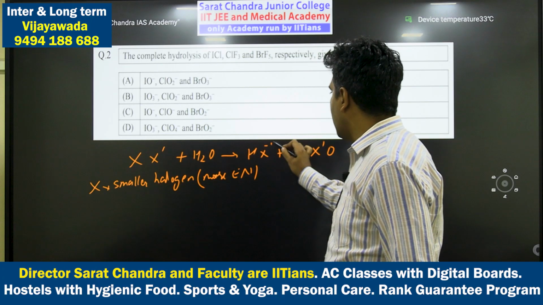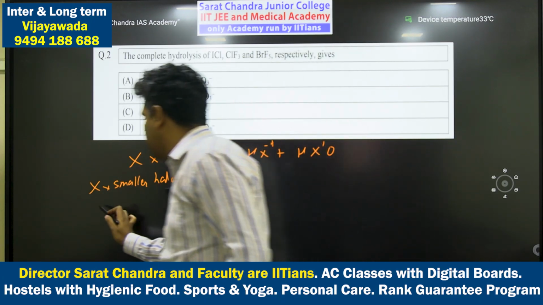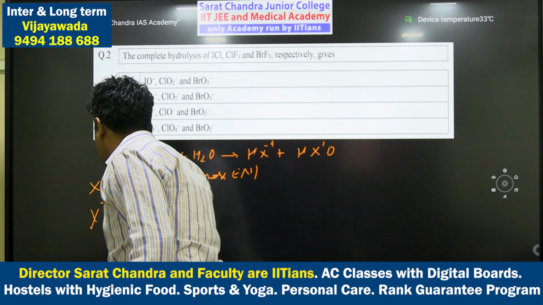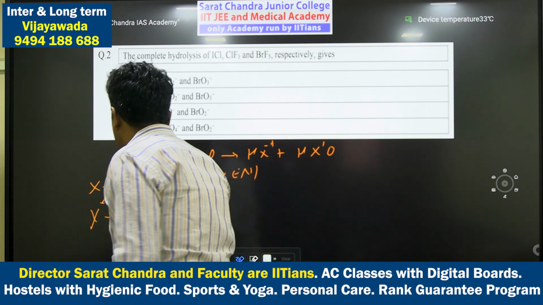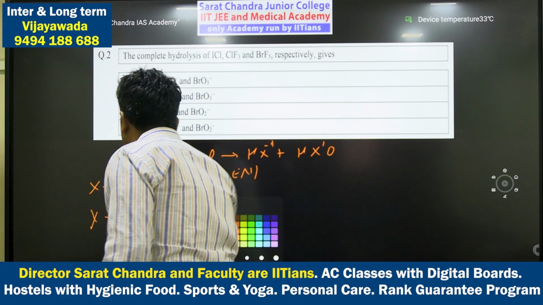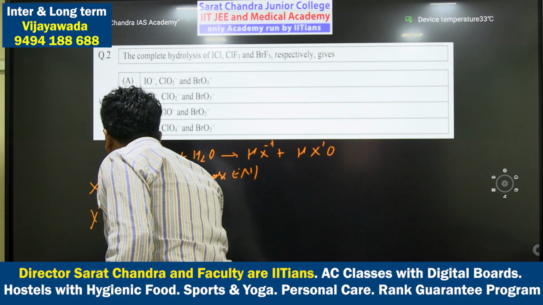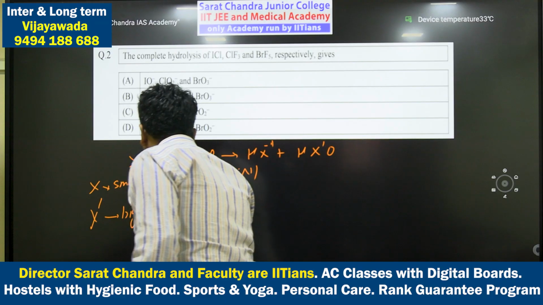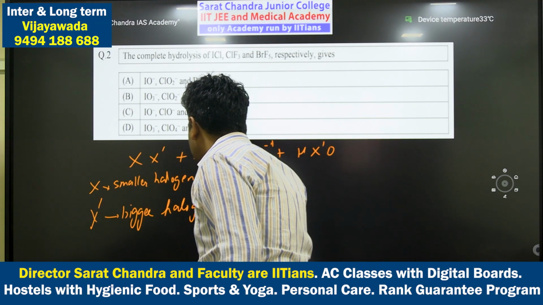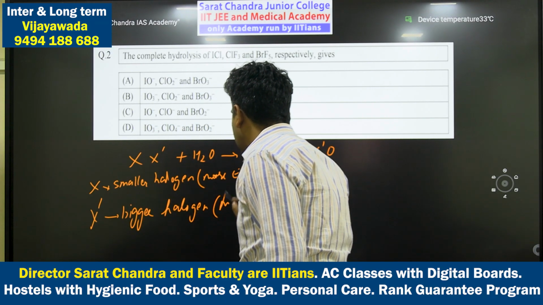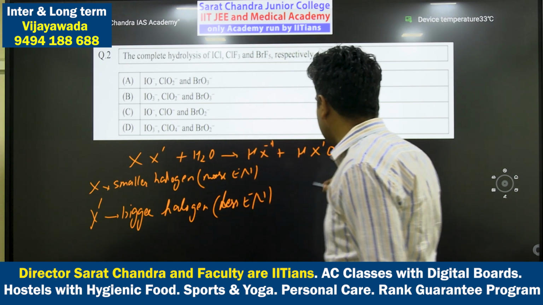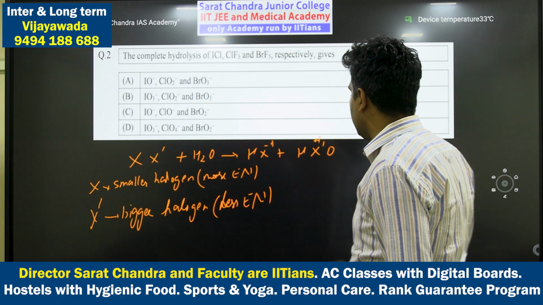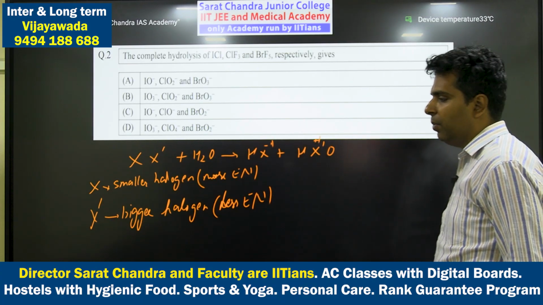X' is the bigger halogen, that is the less electronegative halogen, and that will be at the positive oxidation state. So the oxidation state of X' will be +1.